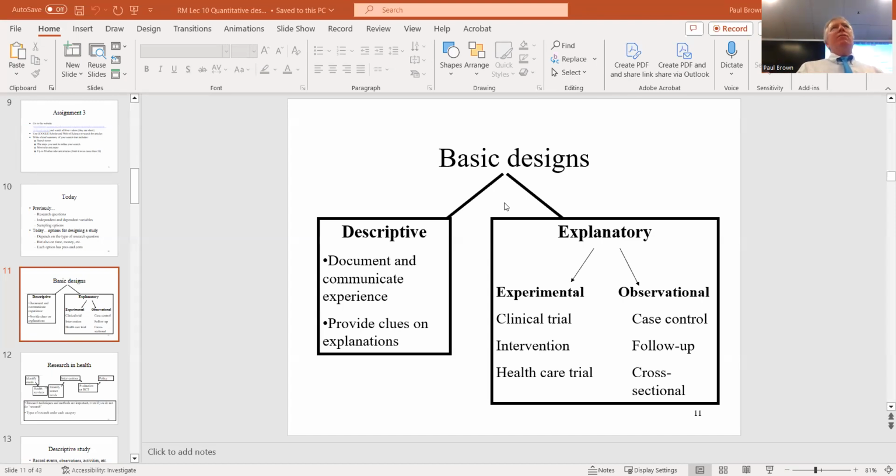But if you find something different and you can't explain why, then it's not very interesting. So once you start to explain why you might find something different, then you're into explanatory studies. And explanatory studies are mostly what we look at.